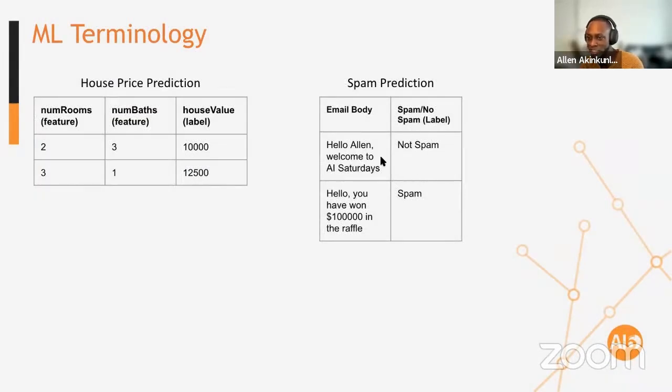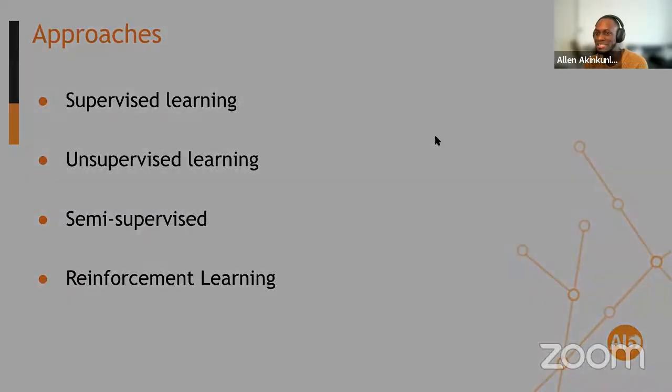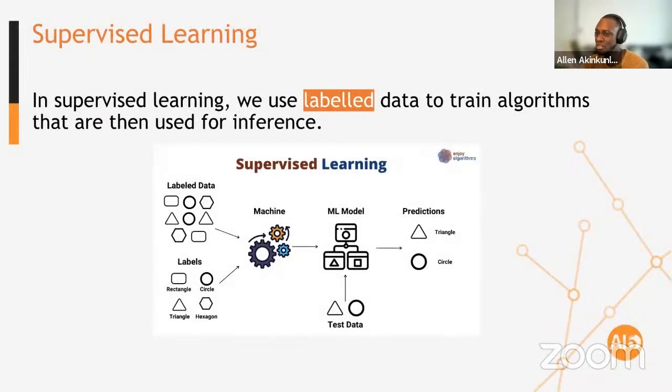We have given an example: given a data point, we know what the value of that data point is. This is a label. So it's labeled, and that's essentially what supervised learning is.